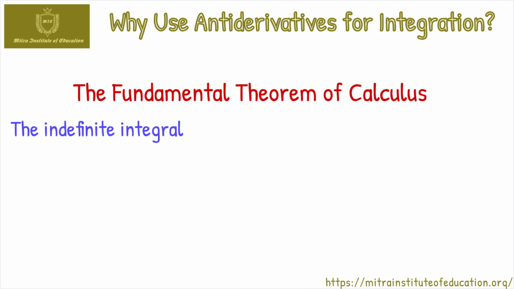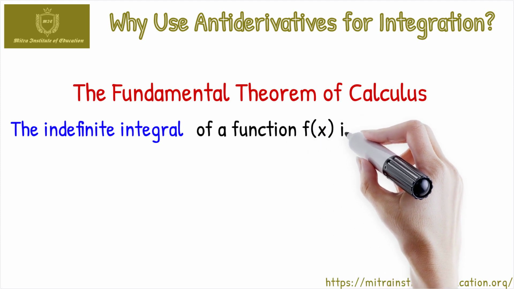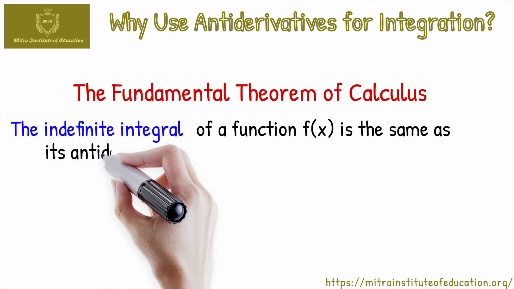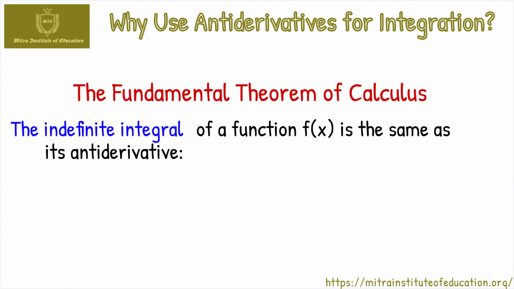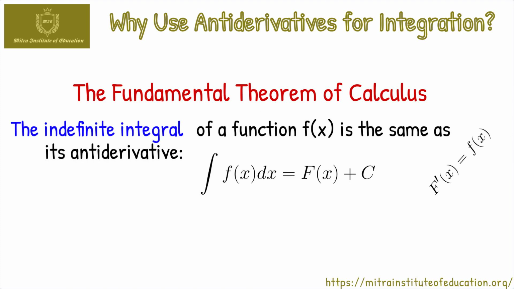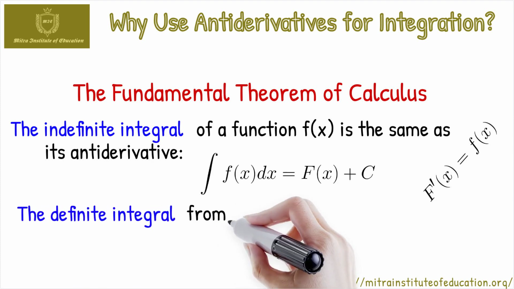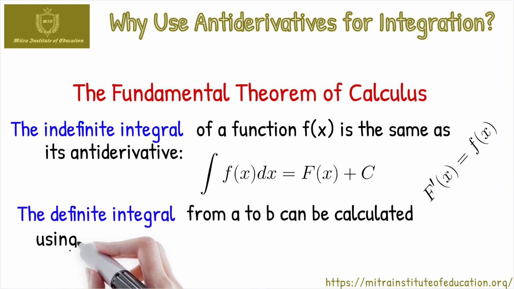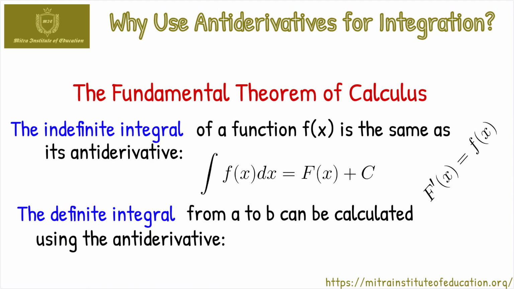It has two parts. First, the indefinite integral of a function, f of x, is the same as its antiderivative. In other words, the integral of f of x, dx, equals big F of x plus c, where the derivative of big F of x is equal to little f of x. Second, the definite integral from a to b can be calculated using the antiderivative.